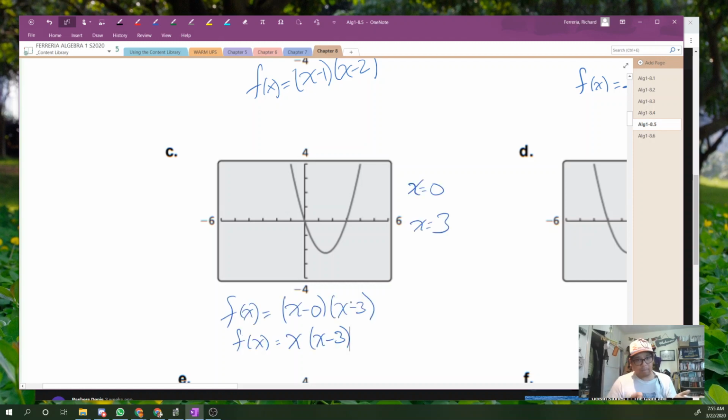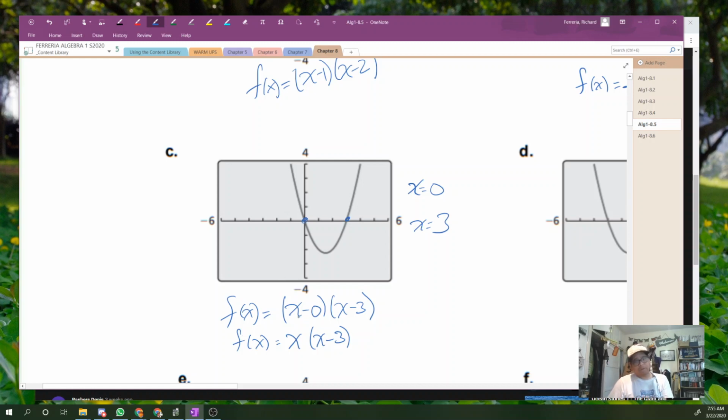Okay, coming back now, hopefully you saw that the two roots were 0 right here and 3 right there, which means that in factored form or intercept form, you should have x minus 0 and x minus 3.